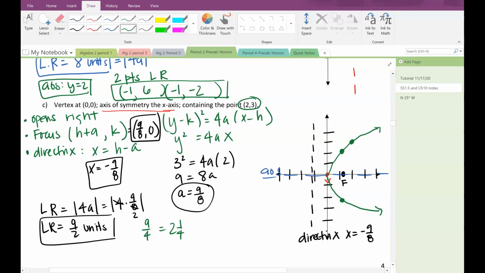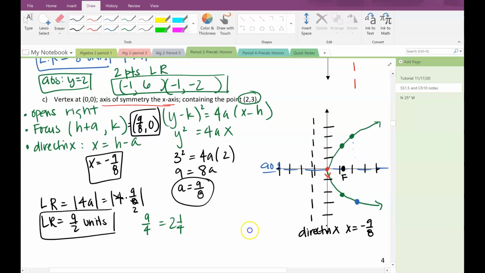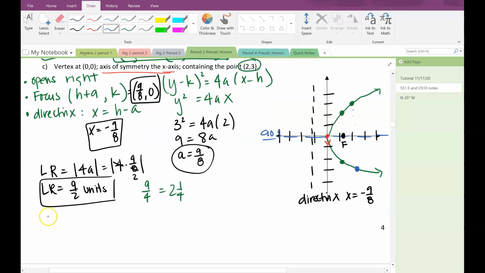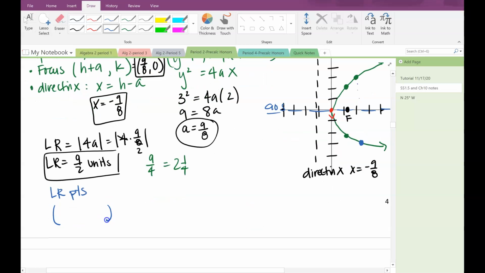Now, if they already gave you 1 extra point, technically, can you graph using that and reflect on the other side? Of course, but that's not the length of the latus rectum, so make sure you're super mindful. They do want us to get the 2 latus rectum points, so we are going to use the focus. The x will be the same as the focus x, so both of them will have 9/8.